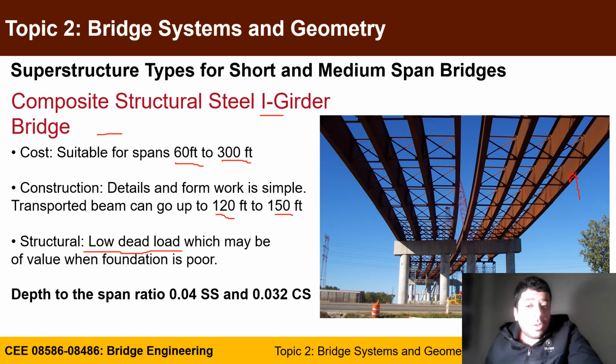Even if the unit weight is less, maybe by a third, the area is much bigger. So if you have poor soil, this structure will provide a light structure compared to concrete. The span to depth ratio is, in this case, for simple span 0.04, for continuous span 0.032.